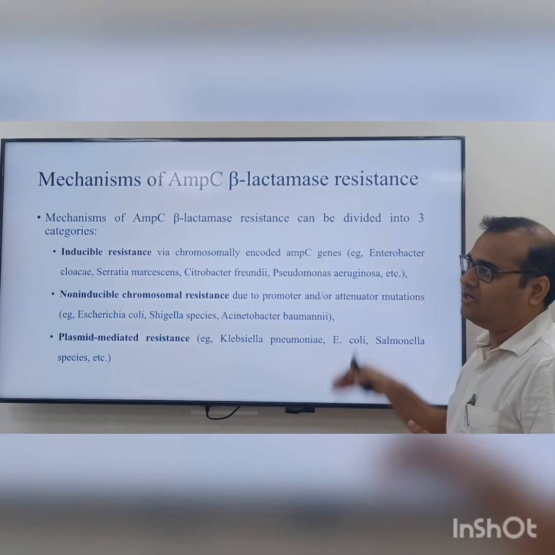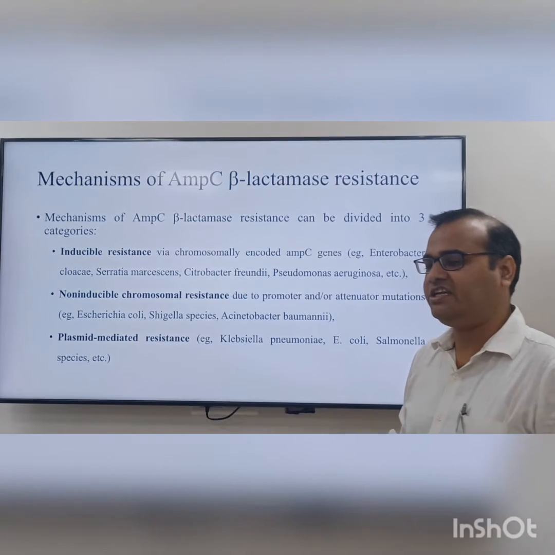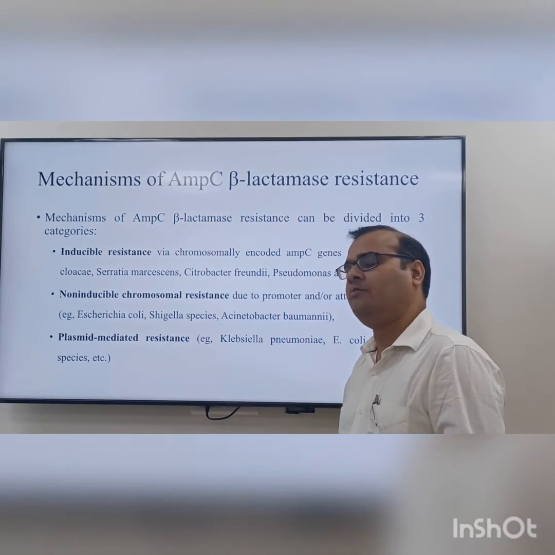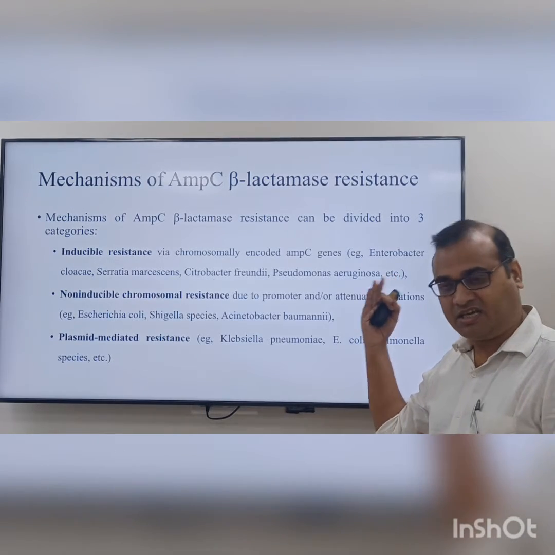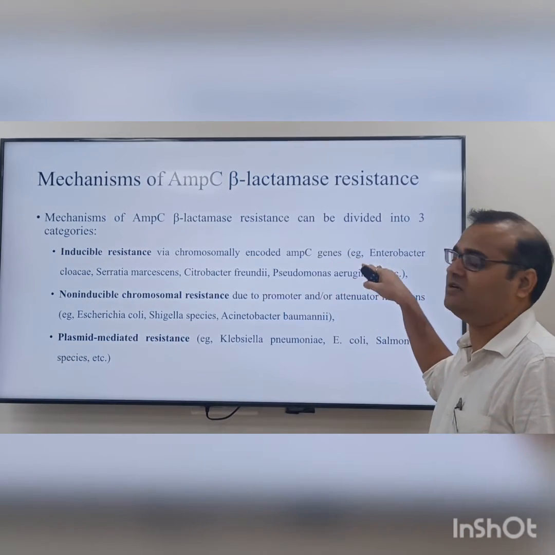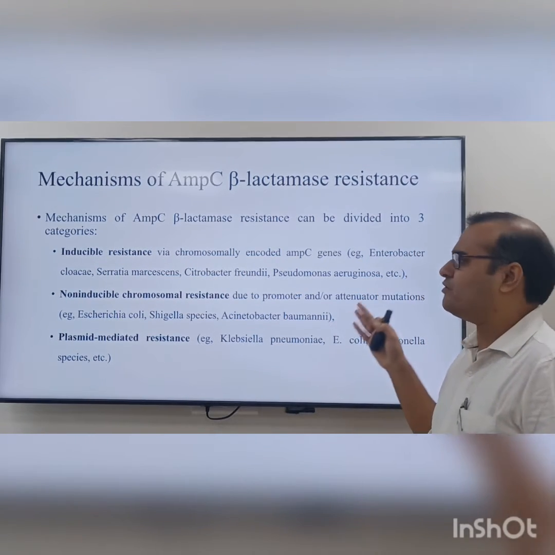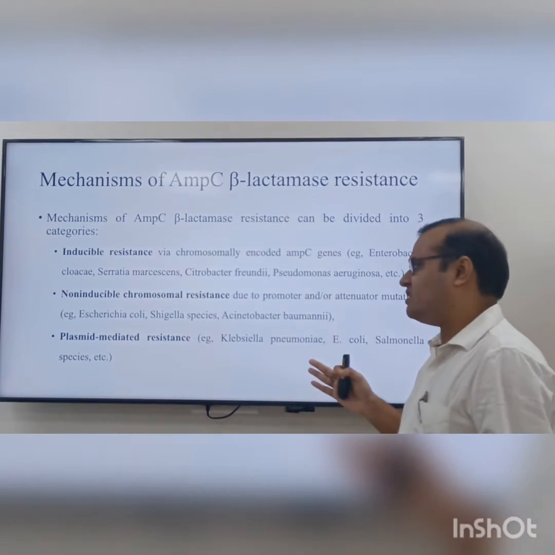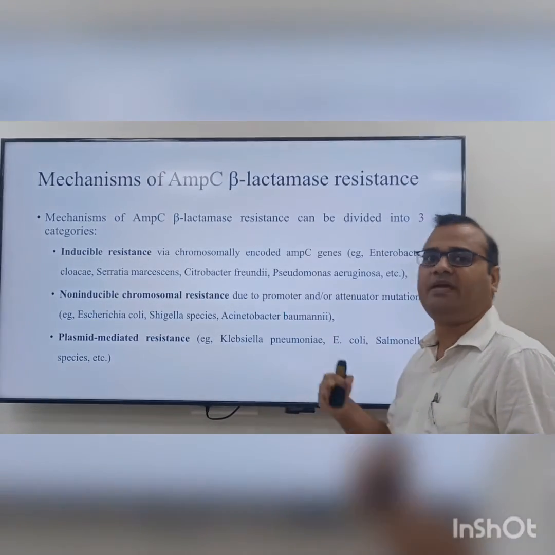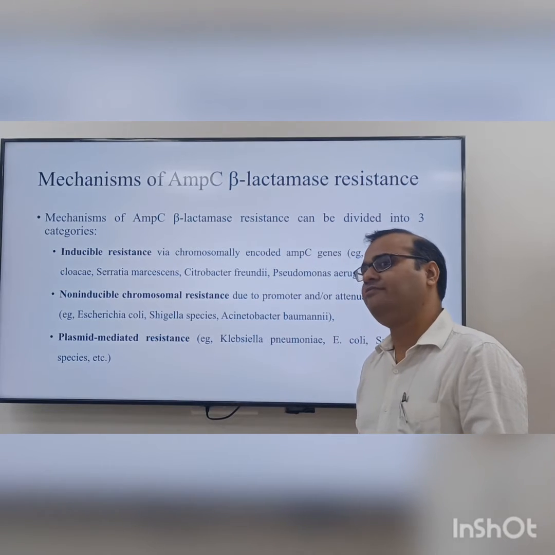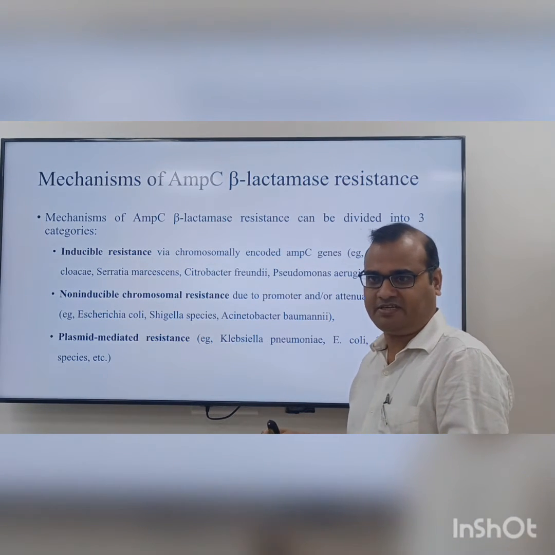Now coming to the mechanism by which these beta-lactamases act upon the beta-lactam antibiotic, it may be by an inducible resistance by a chromosomally mediated AmpC gene. Examples are Enterobacter cloacae, Serratia marcescens, Citrobacter freundii or Pseudomonas aeruginosa. There may be another type of AmpC gene which is non-inducible but chromosomally mediated.